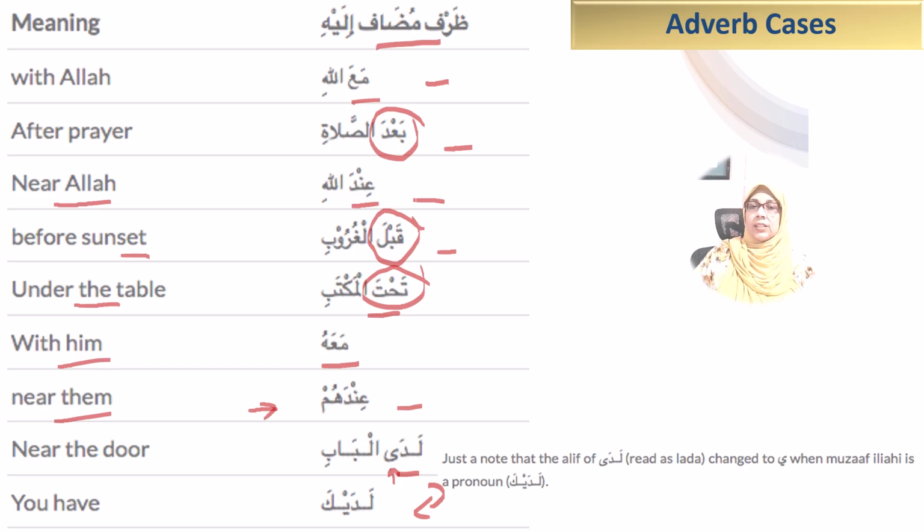So notice how this alif maksura over here, in lada, it became a ya right here. It is pronounced ladaika to mean you have, okay? So we covered adverbial phrases here on this lesson.